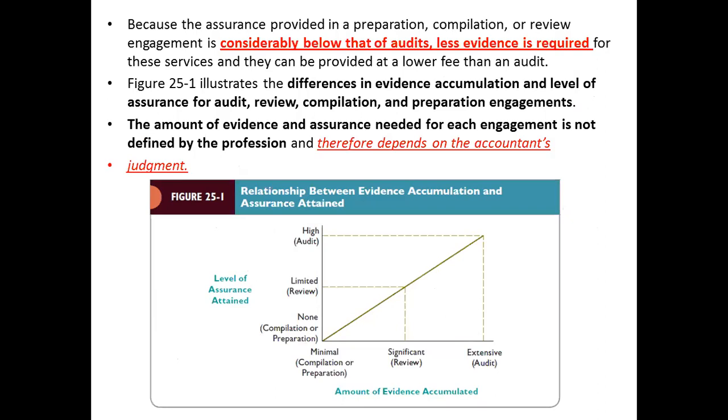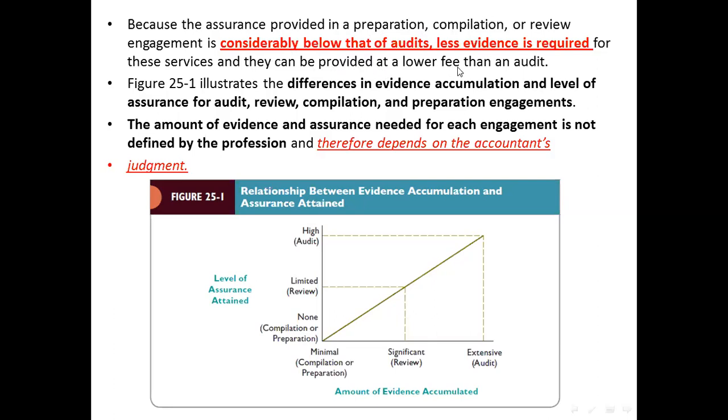So the sample size, the amount of evidence, and the sufficiency of evidence will differ between the review and the audit of financial statements. So, the assurance provided in preparation and compilation or review engagements is considerably below that of audits.